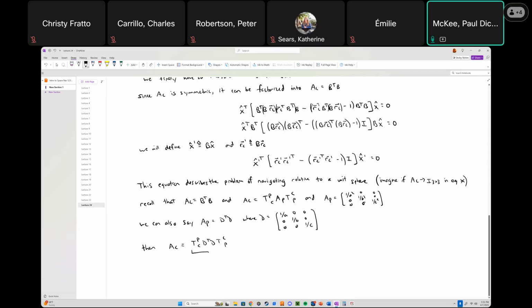And if you look at that, this sure looks like B transpose, and this sure looks like B. Okay, so therefore, this matrix B, which is crucial in simplifying our equation from the generic case to the unit sphere case, is just this modified form of the planet shape matrix and our rotation, T from camera to planet.